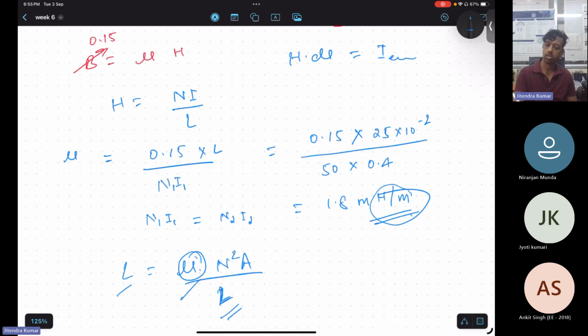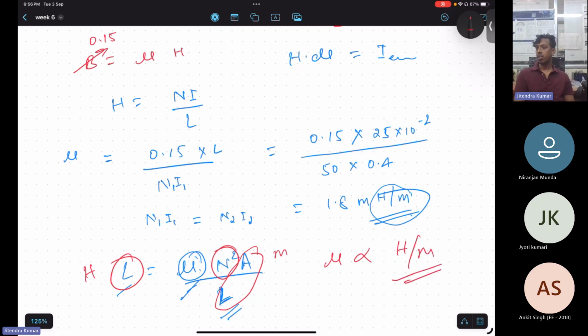This is corresponding to Henry, this is corresponding to meter, and N square is unitless. So mu is in Henry per meter, isn't it? Yes, sir.